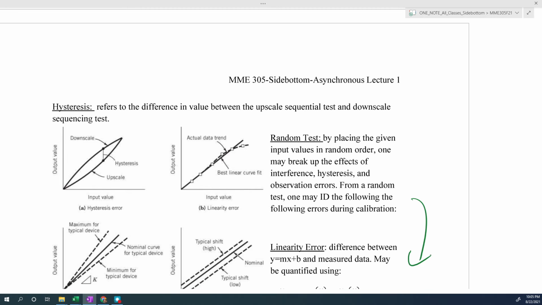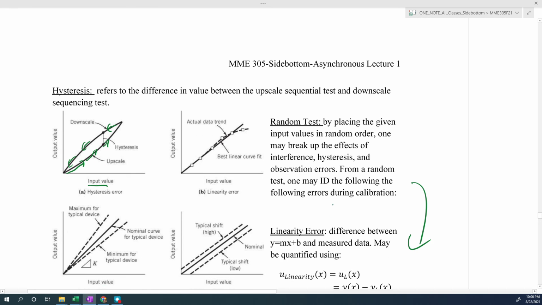For the same input value, when you're increasing the input, you get a different value than when you start decreasing the input in your sequential test. To avoid that, you can do a random test during your calibration to improve that result.